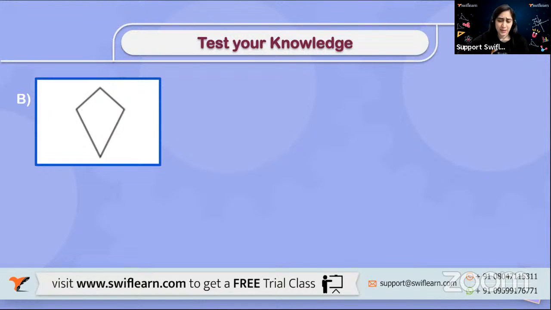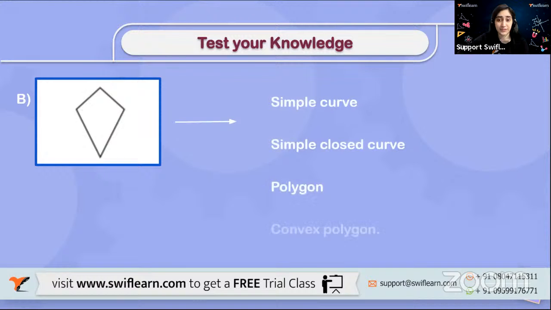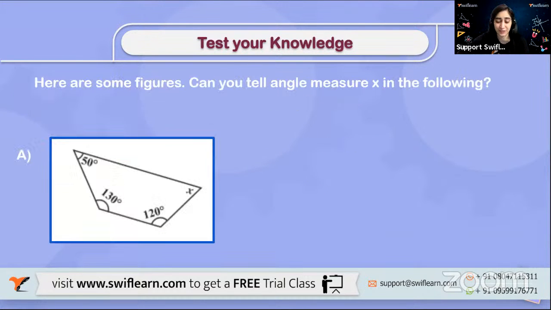It's closed. It's simple. So yes, it is a polygon. Which polygon is it? Is it convex or concave? It is convex because all the diagonals are coming inside. Well done. Good.